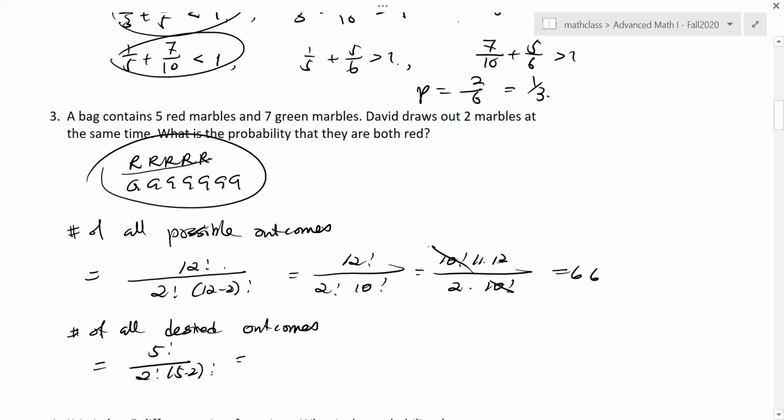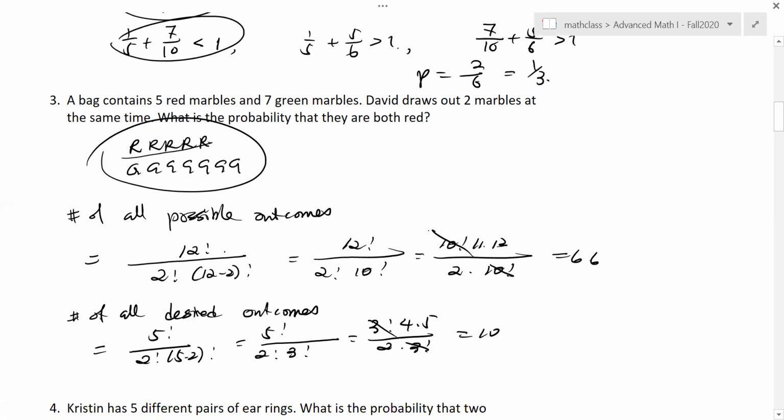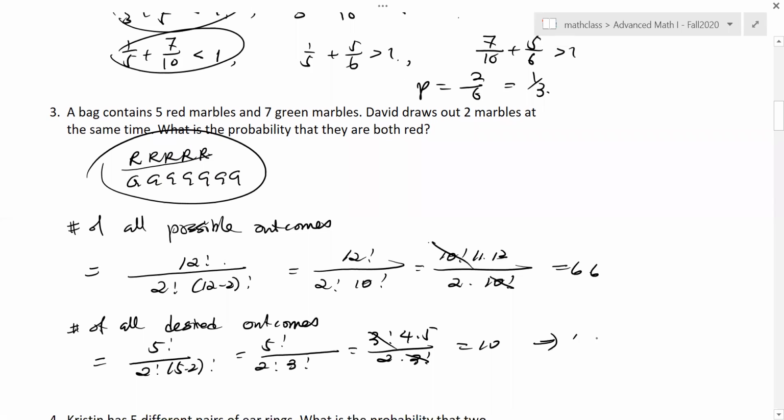After you simplify it, I get 10, because it's 5 factorial over 2 factorial times 3 factorial: 5 factorial is 3 factorial times 4 times 5, and 2 factorial is 2, and the 3 factorial cancels, and you get 10. So the probability is 10 over 66. Simplify it and you get 5 over 33.